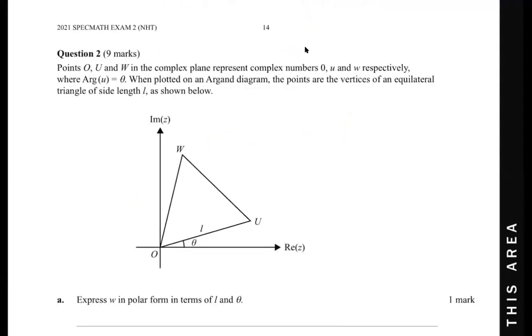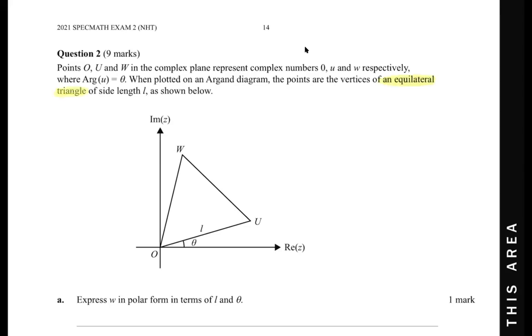Question 2, a complex number. Points O, U, W are in the complex plane, representing the complex numbers 0, u, and w respectively. Argument of u equals theta. When plotted on the Argand diagram, the points are the vertices of an equilateral triangle.